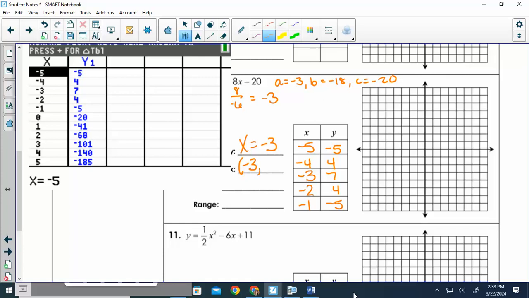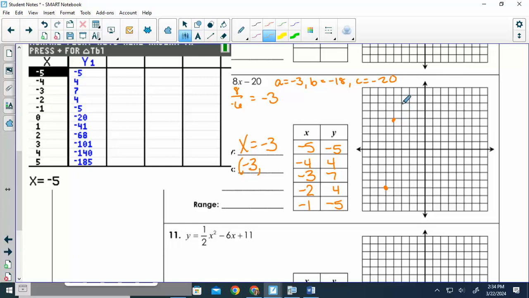And then you guys remember how to plot these. So if we go left 5, down 5. Left 4, up 4.